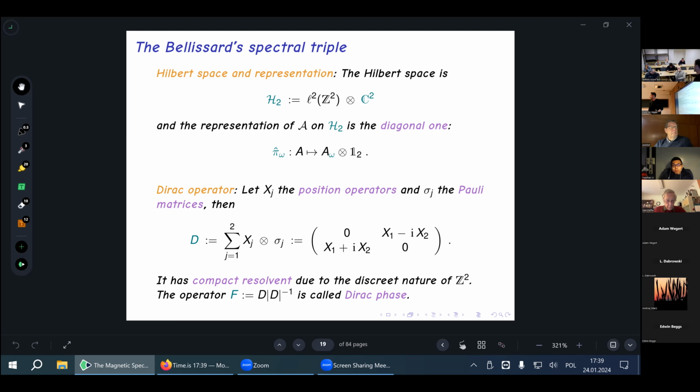If I compute the resolvent, it's just compact. Let me stress this point, which will be important for my talk: the fact that in this approach the Dirac operators have compact resolvent is really because of the nature of the Hilbert space in which I'm working. Once I have the Dirac operator, I can construct the Dirac phase, which is just the phase associated with the Dirac operator.